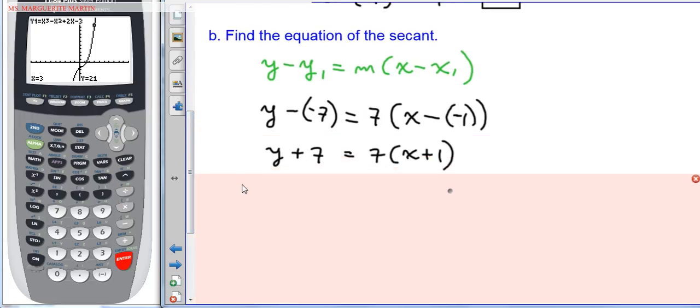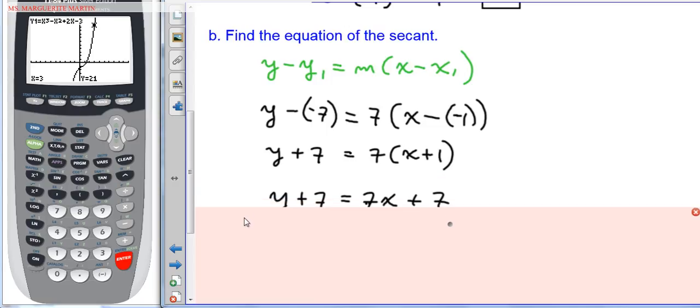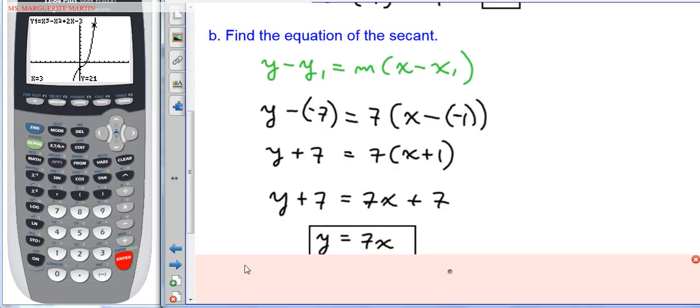Then I have y plus 7 equals 7 times the quantity x plus 1. Then I distribute the 7, and I get y plus 7 equals 7x plus 7. Then I subtract 7 from each side, and I get y equals 7x. So that's the equation of the secant.